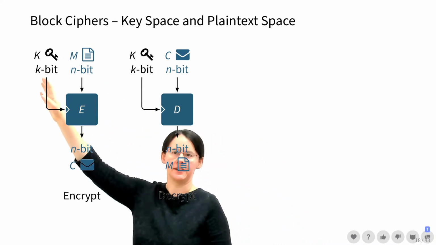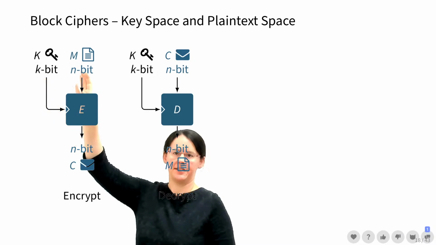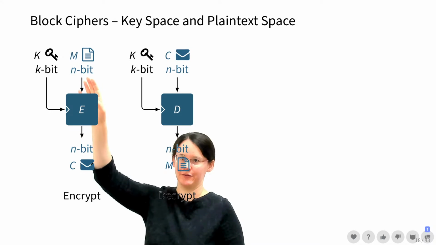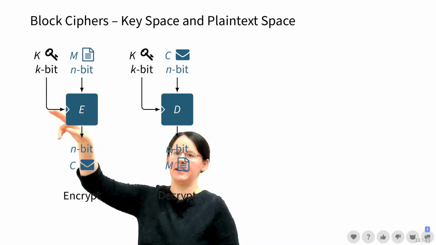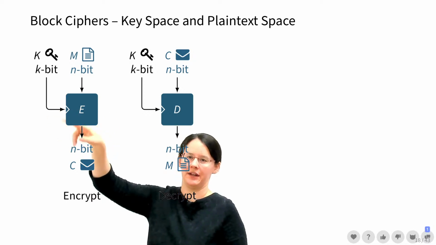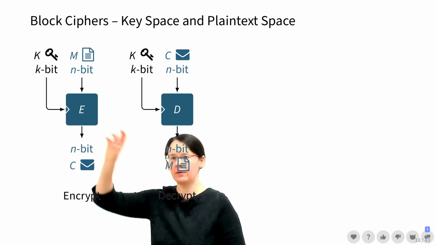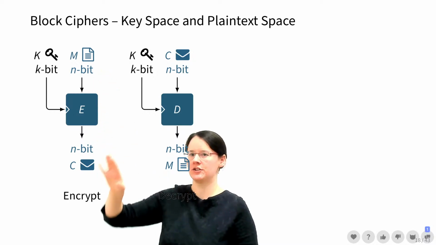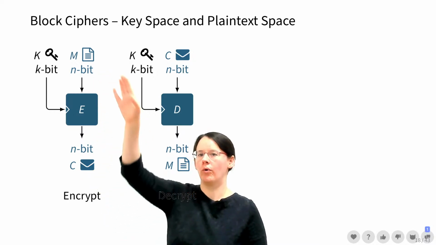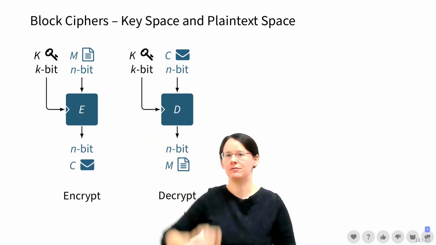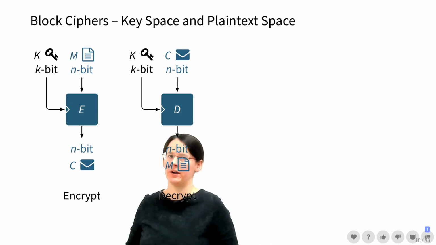So one is the key of a particular size, and the other one is a message block, which also has a fixed size. And the key defines a bijective function, or permutation we also call it, which simply means a function you can compute forward and backward to translate a message block to a ciphertext block or back. And the backwards direction is also denoted by D for decryption. E is for encryption.